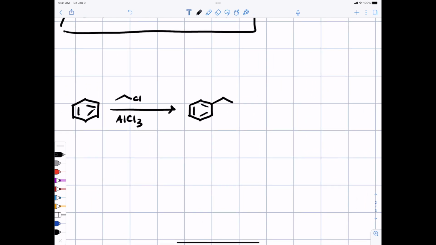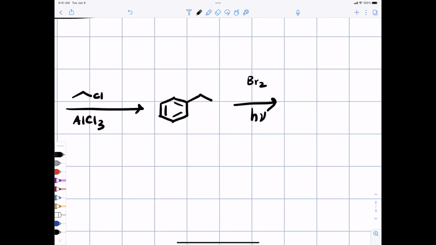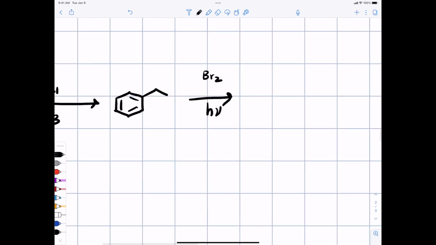If you then use a reaction from the chapter on radicals that we did in 351, remember that bromination is selective for the more stable radical. So of all the carbon-hydrogen bonds present in this alkyl benzene, where is the most stable radical?